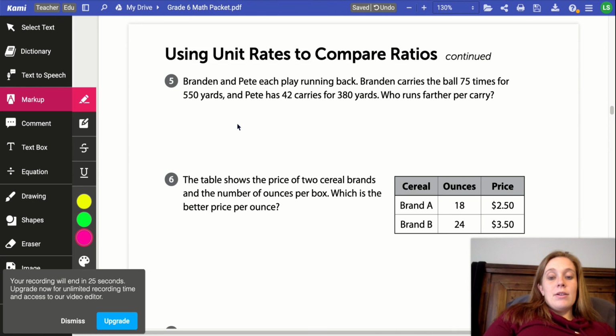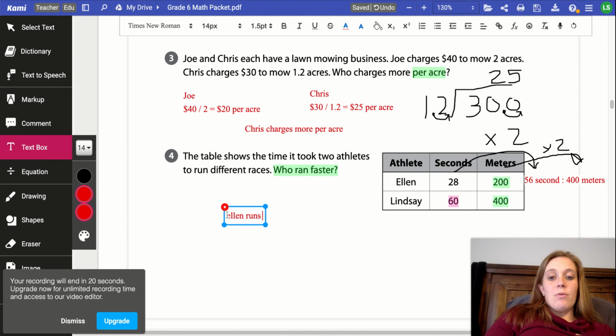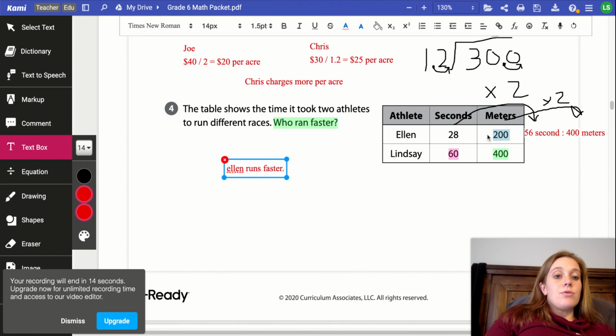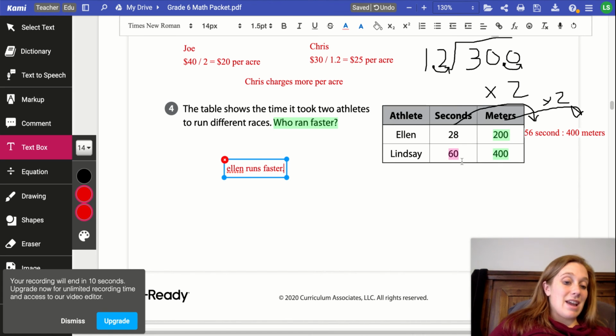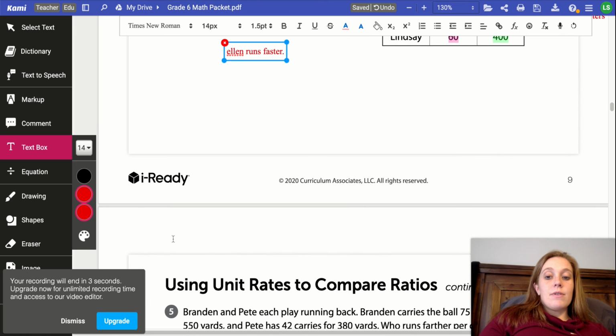Therefore, Ellen runs faster. Okay. So could you find the unit rates for these and do 200 divided by 28? Yes. Could you do 400 divided by 60? Yes. But you can always try and find that common number to compare as well. So that's page 9. I'll post another video for page 10.